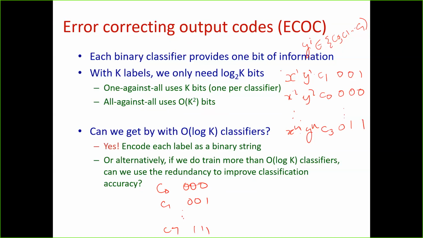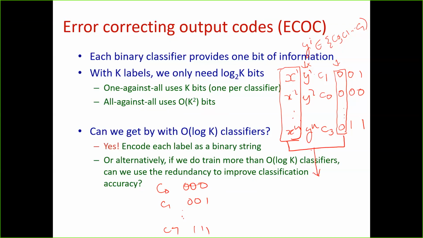Now let me take this as the feature vectors. Instead of taking this as the target value, I'll take the first bit of this encoding string as the target value. This as the input vector and this as the target value. Isn't it a binary classification problem?